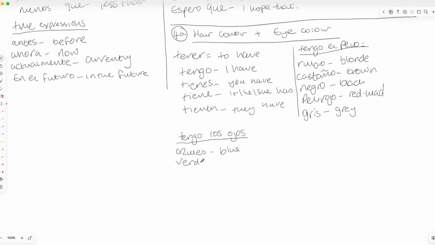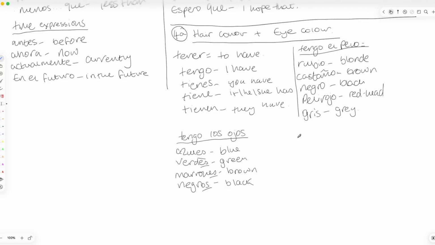Verdes, green. Marrones, brown. Negros, which is black. Okay, again, you'll notice how each of them ends in s or os, because the eyes are plural.